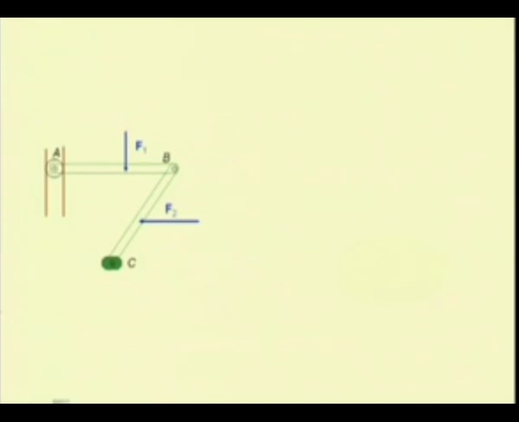Let us see the other kind of force that is occurring, that is the forces in the joints. Say if we dismember this, we will have a force in this multi-force member AB, say FAB is the force in the multi-force member.